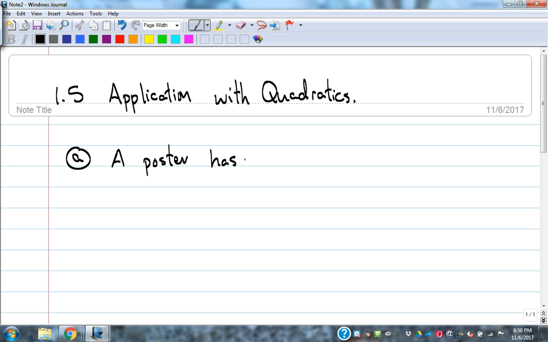It's always funny to read that word, a poster. My brain automatically now jumps to a social media poster instead of a piece of paper that you put things on when you were a kid in school, because we don't do that stuff anymore. But a poster has an area. This is not a social media poster. This is a poster with paper. It has an area of 216 square inches.